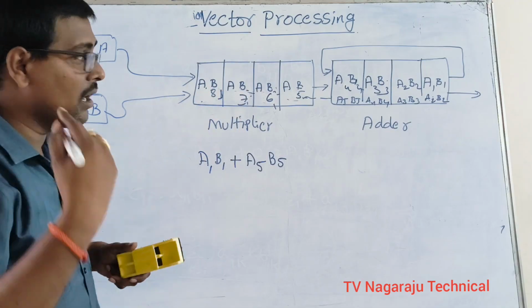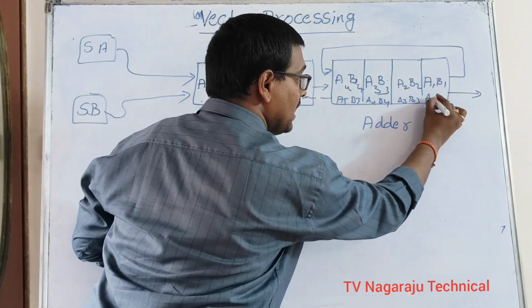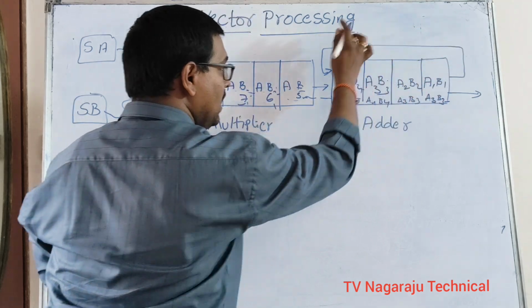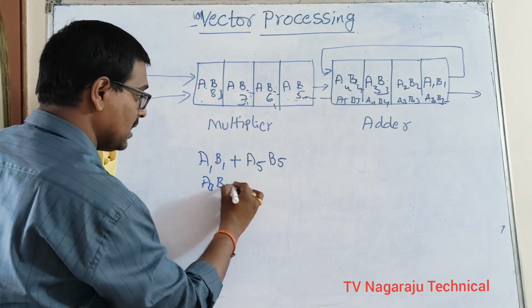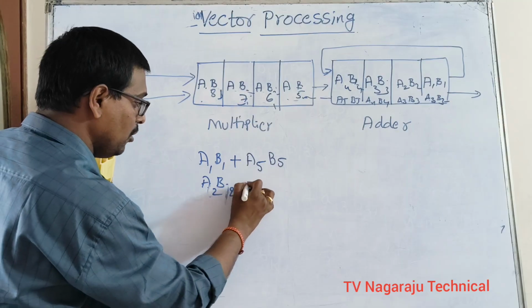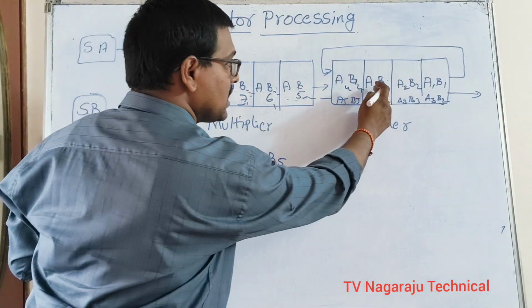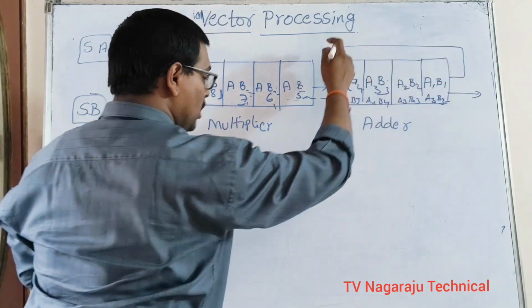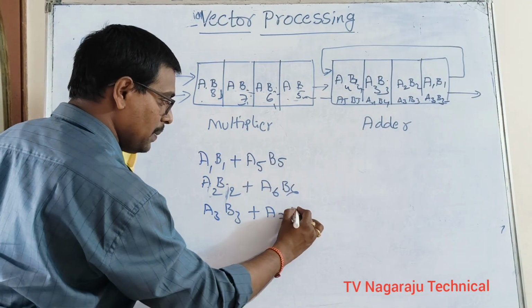In the 10th clock cycle, what happened? Here this is A3 B3. Obviously A6 B6. A2 B2, A6 B6. In the 11th clock cycle, this is moved to here. A3 B3 plus A7 B7.